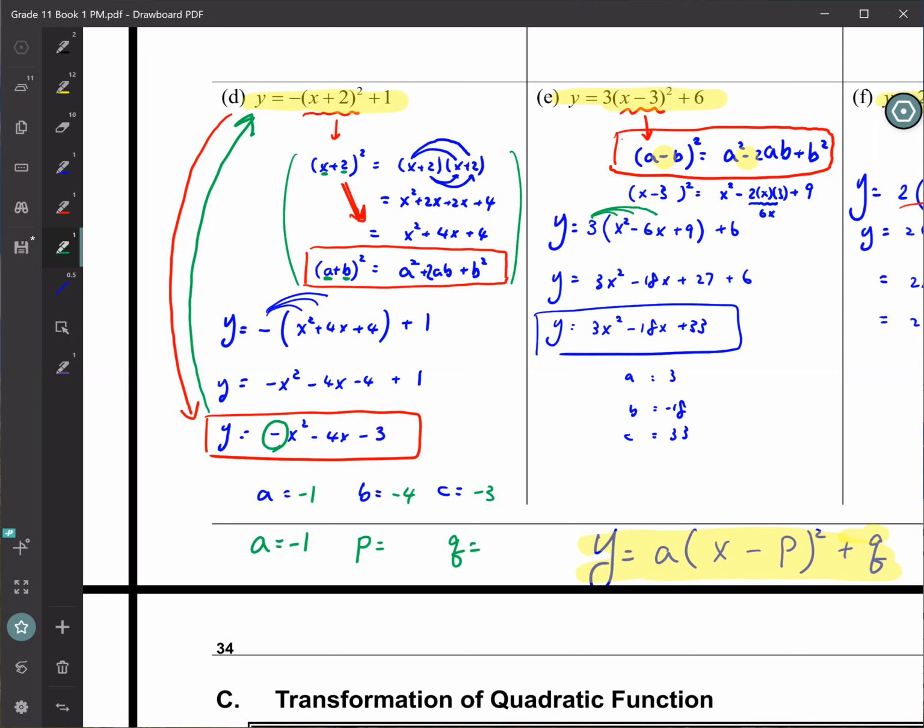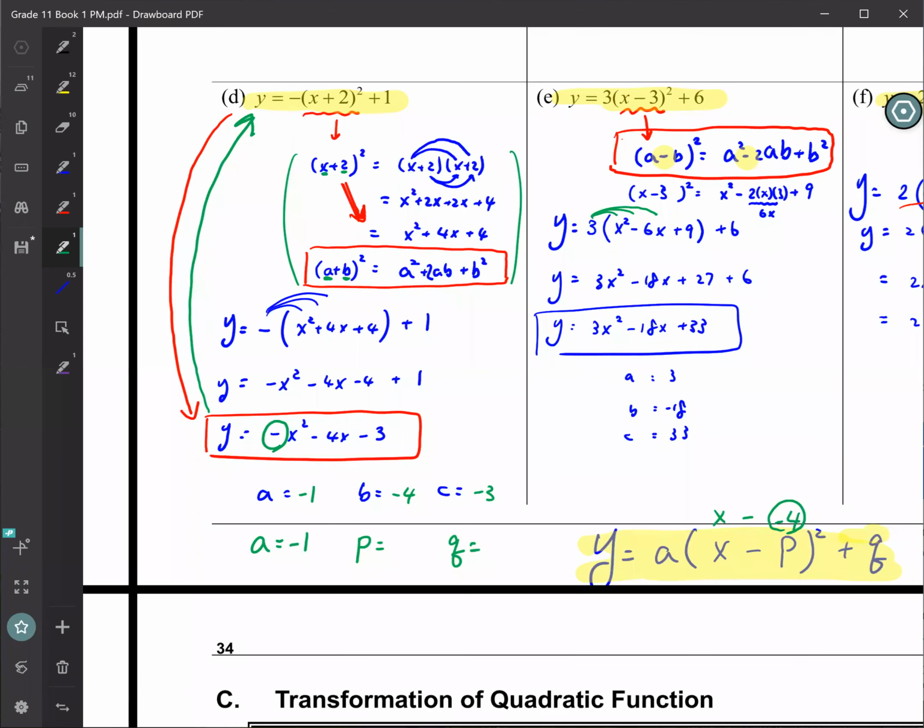This is the way you can try it out. If p is -4, then x minus -4, because it's x minus p. You said p is -4, so we would have x minus -4. When you minus a -4, it becomes positive 4.